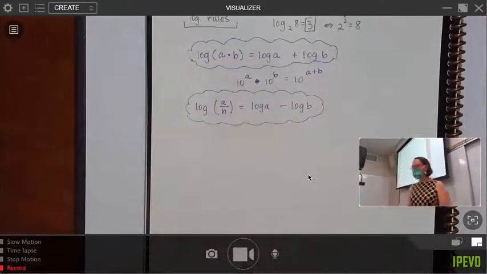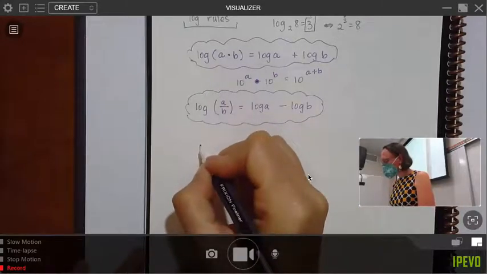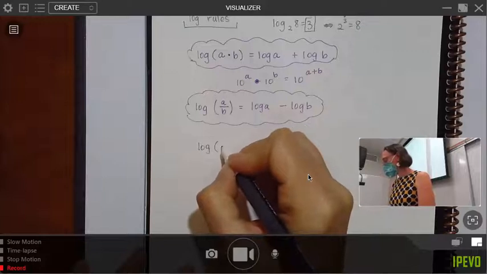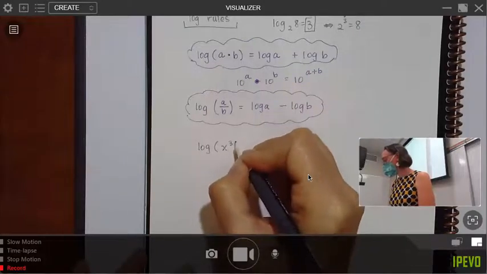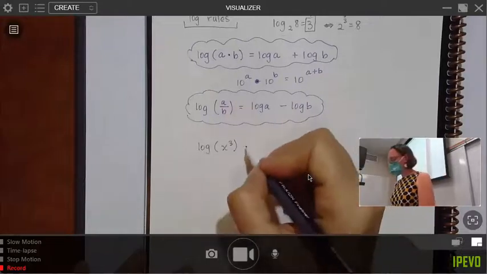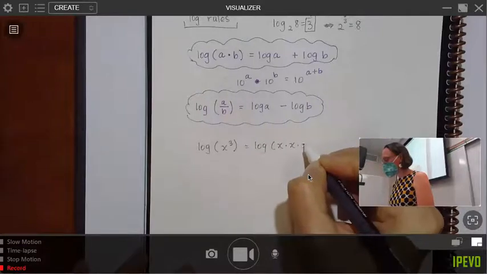And there's one more log rule that maybe we use even more than either of these two. And the last one looks like this. Let's say that I had log of x cubed. Well, I can think of that x cubed as really being log of x times x times x.